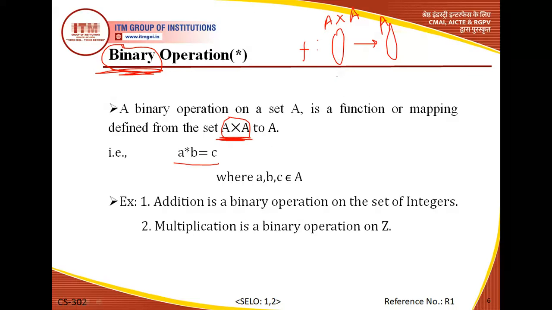All the elements of this set A cross A would look like A comma B. So we have A and B into consideration, and we apply this operation, which is known as the binary operation, and the answer would be only one element, and that element would come into this set A only.